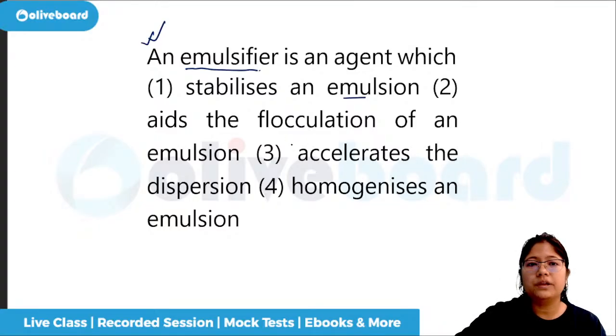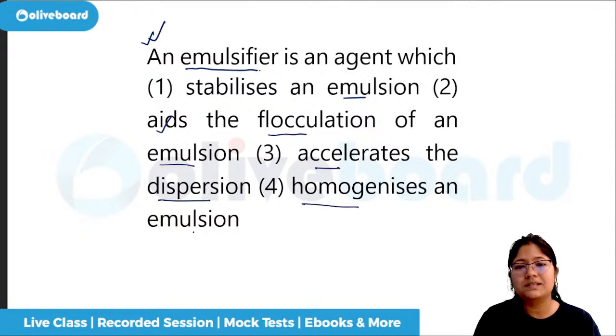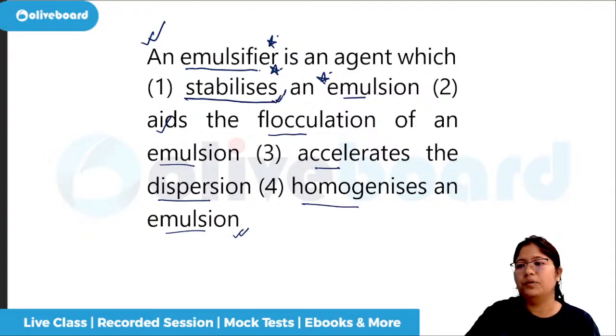The next options are: aids the flocculation of an emulsion, accelerates the dispersion, or homogenizes an emulsion. As the name itself indicates, if there is an emulsion, we want to stabilize it with the help of an emulsifier. So an emulsifier is an agent which stabilizes an emulsion. So 1 is the correct answer.